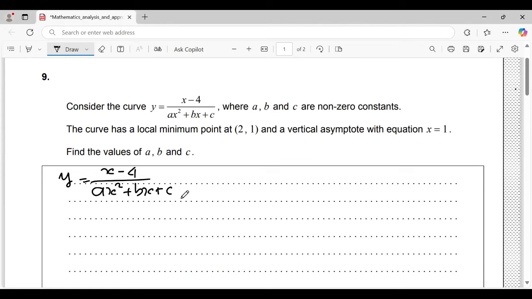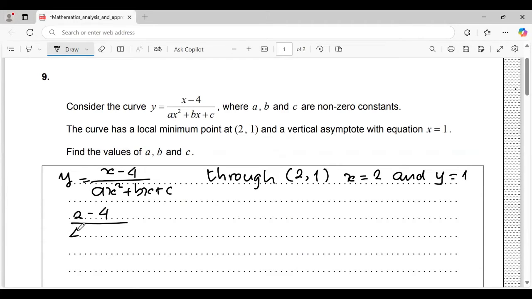If this function goes through 2, 1, it means x equals 2 and y equals 1. Substituting into this function, it will be 2 minus 4 over 4a plus 2b plus c equals 1.